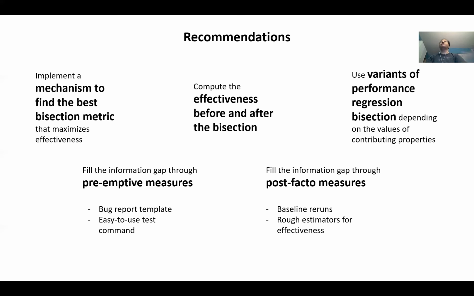On the other hand, if your distributions are far enough from each other and you care more about the speed of your bisection, then you probably want to focus your attention on minimizing the number of commits that you want to test. So in that case, you can consider using something like selective debugging to minimize the execution time.